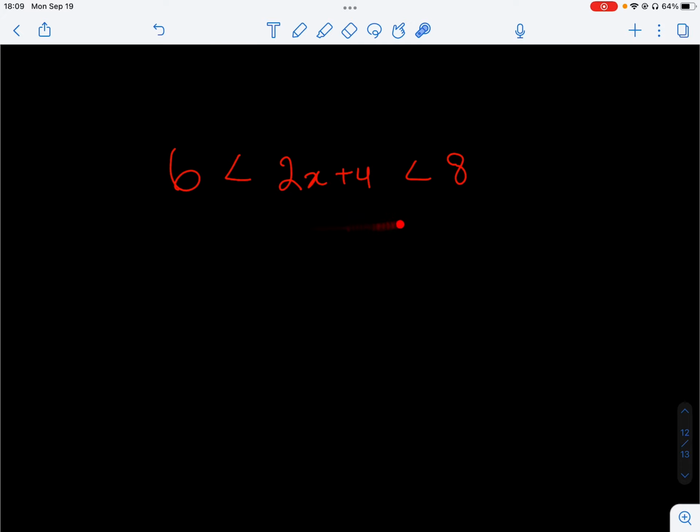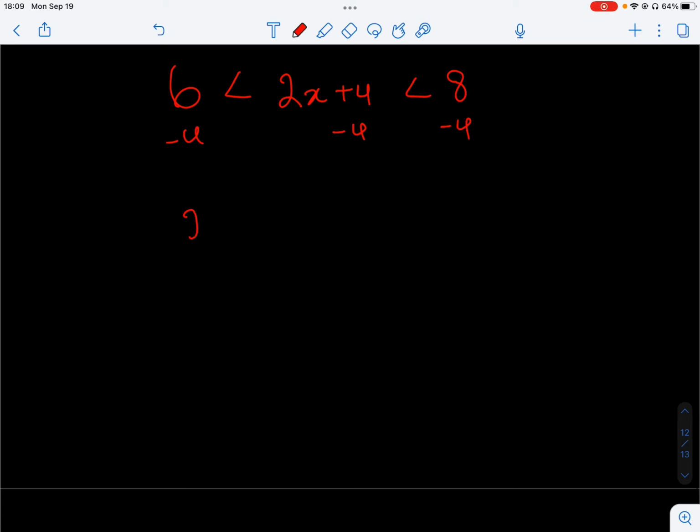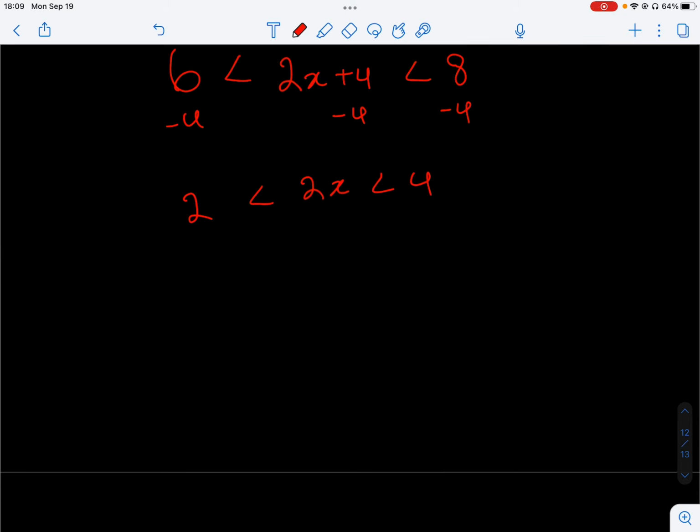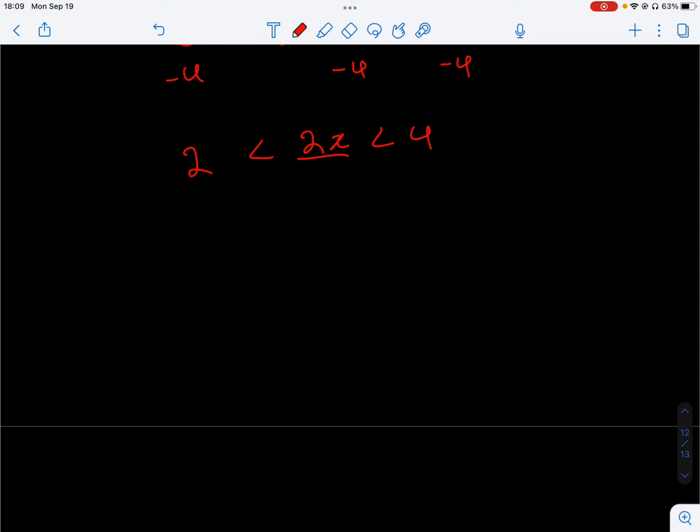Well, from here, if you notice, on each expression, I started by subtracting 4 from both sides to isolate my x. In this format here, I can do the same thing. I can subtract 4 from both sides here, and I get 2 is less than 2x is less than 4. And then I can see that I can divide by 2, so I do that.